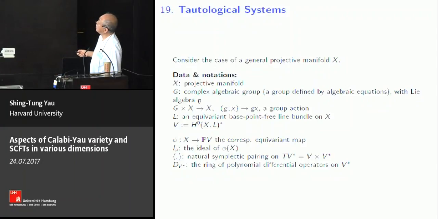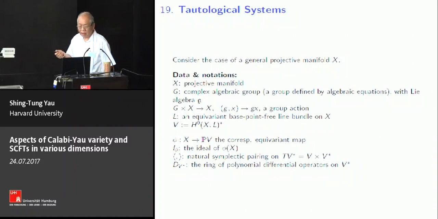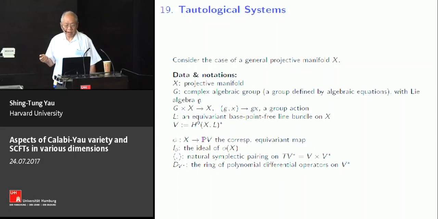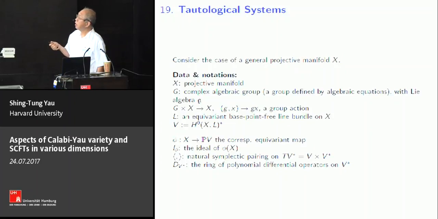First of all, there exists a line bundle L, which is ample, and defines an embedding into P V. Associated to this embedding, we have an ideal of equations defining phi X, and this becomes an important ideal. And then we use D V star, the ring of polynomial differential operators on V star.